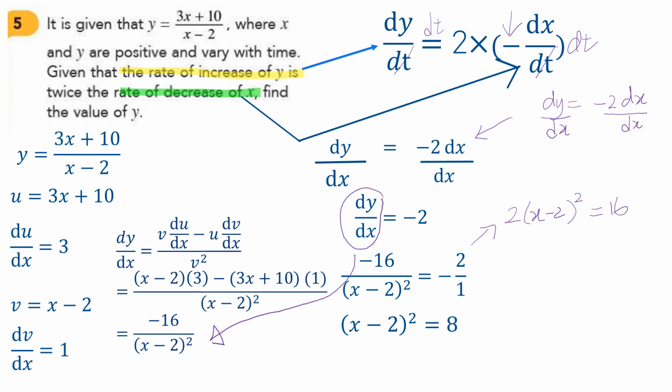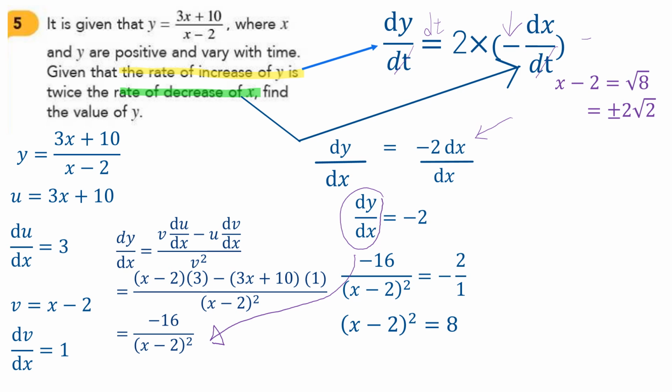And then the next step is just divide by 2 on both sides. So 16 divided by 2 gives you 8. Right, so there are 2 possible values. One is positive square root 8, and one is negative square root 8.